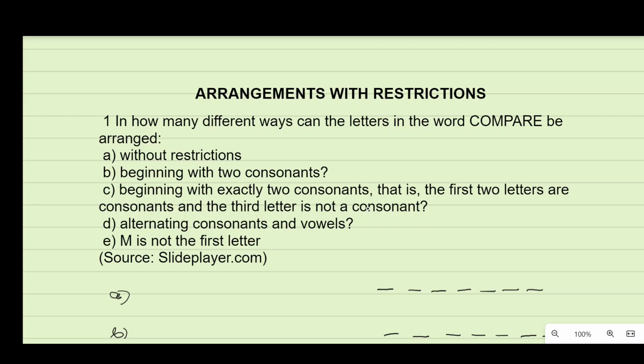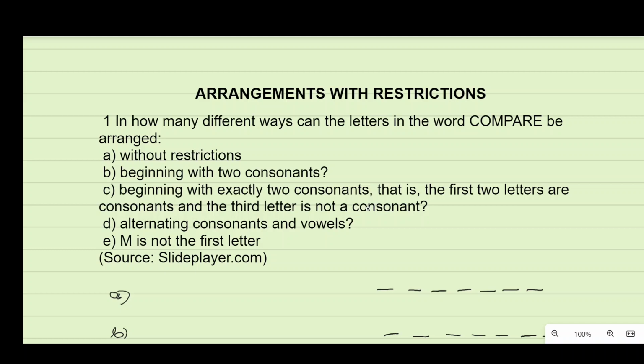So all you have to know about this is how many letters are there in the word compare. There are 7 letters in the word. So we are going to arrange them in any order without any restrictions.